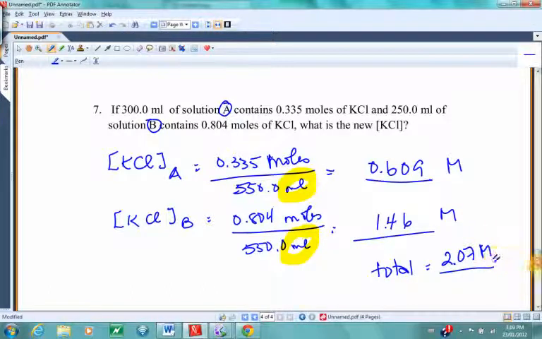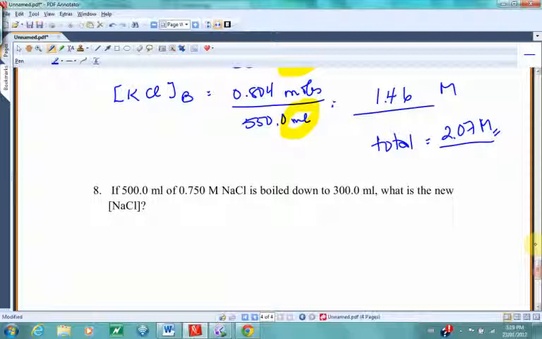And I hate to do this, but we're going to have to slide down the page where we can see.